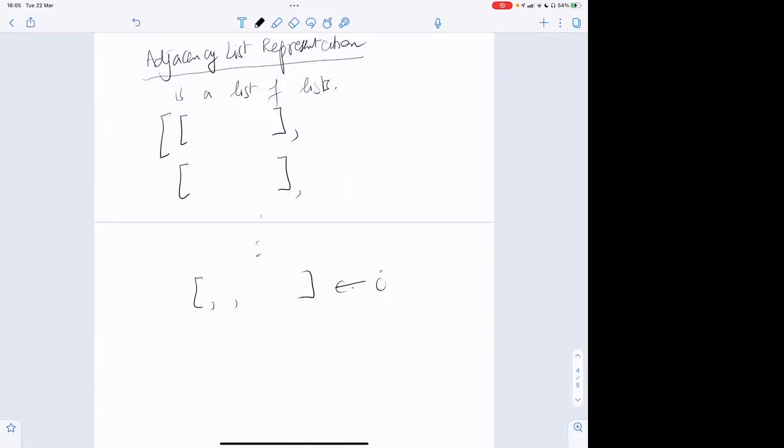So if ij belongs to E, then I will put j here. In general, if j1, j2, and so on are the neighbors of i, then ij1, ij2, ij3 all belong to E.